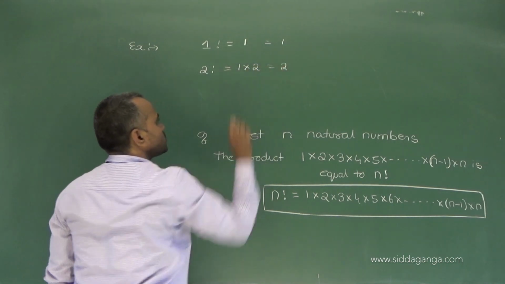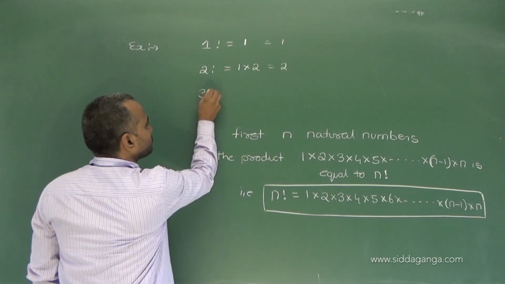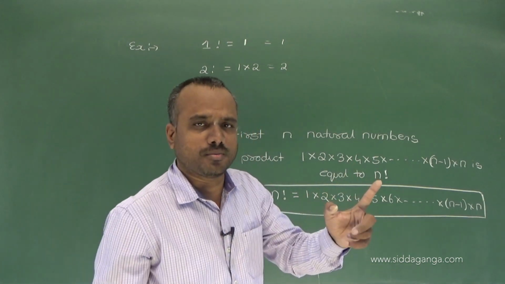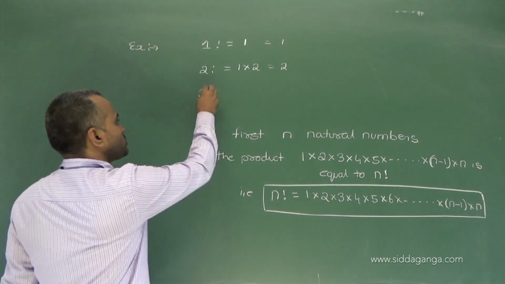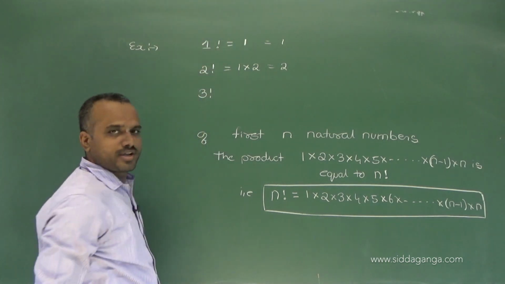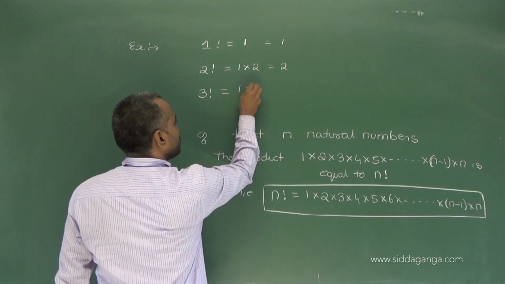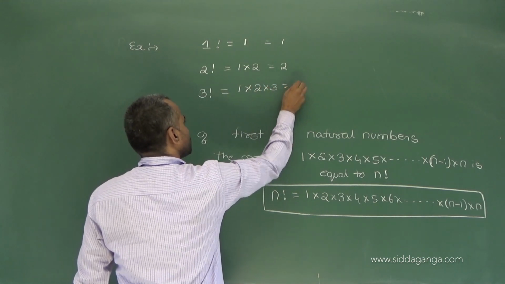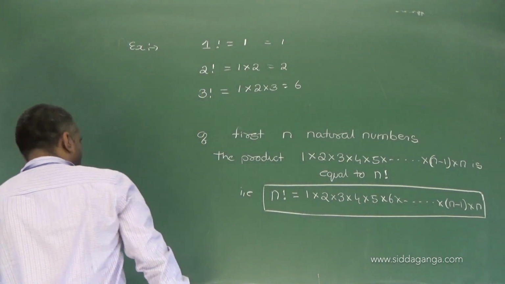The answer is 2. Understand? 3 factorial. N factorial means the product of the first n natural numbers, same definition I applied. 3 factorial, the product of the first 3 natural numbers, 1 into 2 into 3 is how much? 6. 2 3s are 6, 6 into 1, 6.